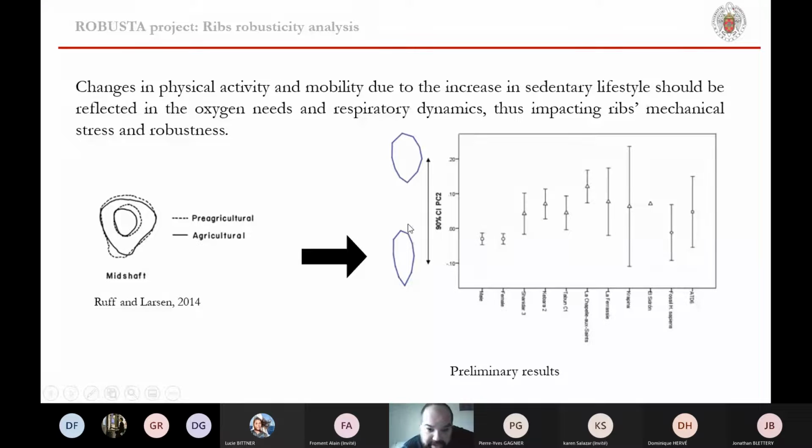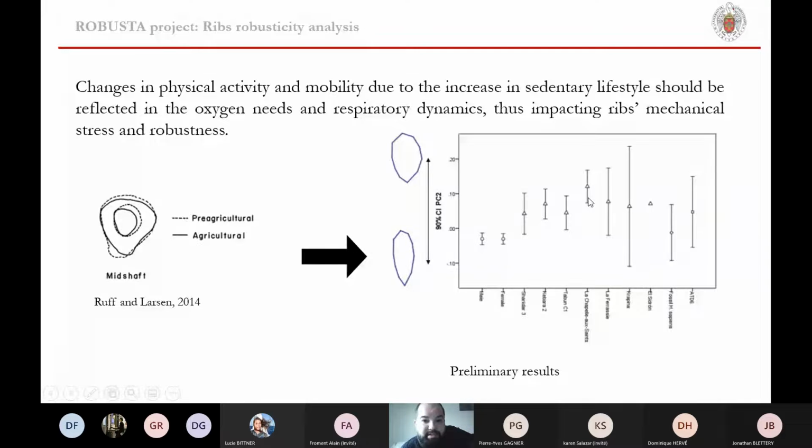We have a thinner cross-section in the negative values and a rounder cross-section in the positive values. And here you see that males and females of modern humans present thinner rib cross-sections like this, but we studied other Neanderthals such as Shanidar, Kebara, Tabun, La Chapelle, La Ferrassie, Krapina, El Sidrón, but also some fossil Homo sapiens and even a Homo antecessor.